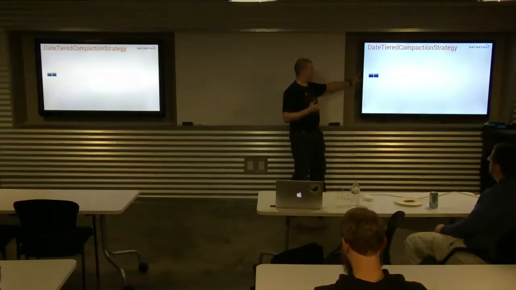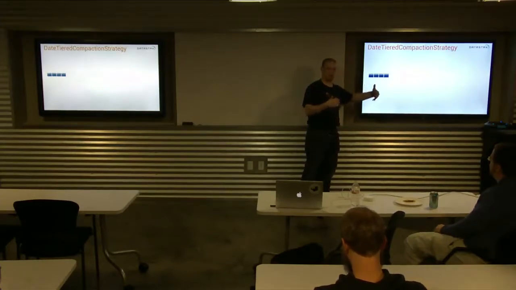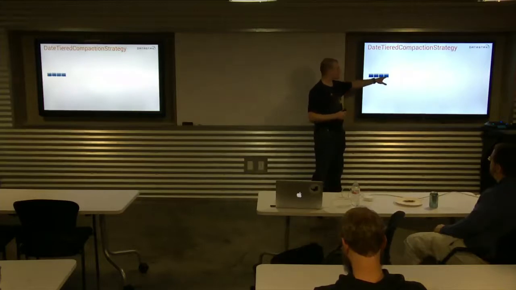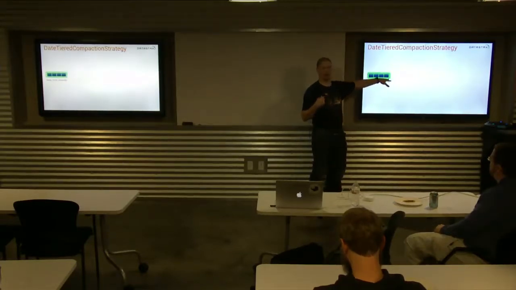So the way it works is as I'm sending in writes and I'm flushing out SS tables, since my events are arriving in mostly chronological order, I know that this SS table has events that are mostly newer than these other ones, and this one has events that are mostly newer than these earlier two. And I define a window in date-tiered compaction strategy called the base time window.